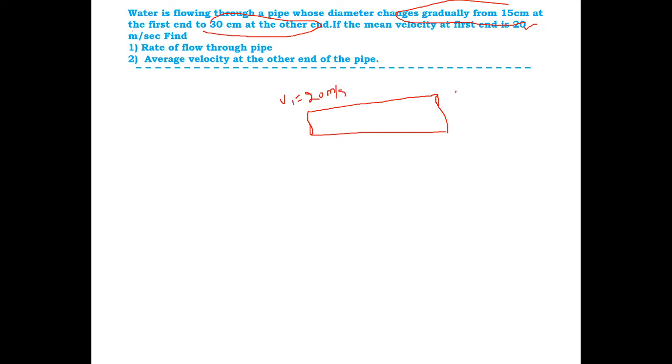Okay, at end 2, v2 how much, we have to find out. It didn't give in the problem, we have to find out. Here the diameter is d1 equal to 15 centimeters.